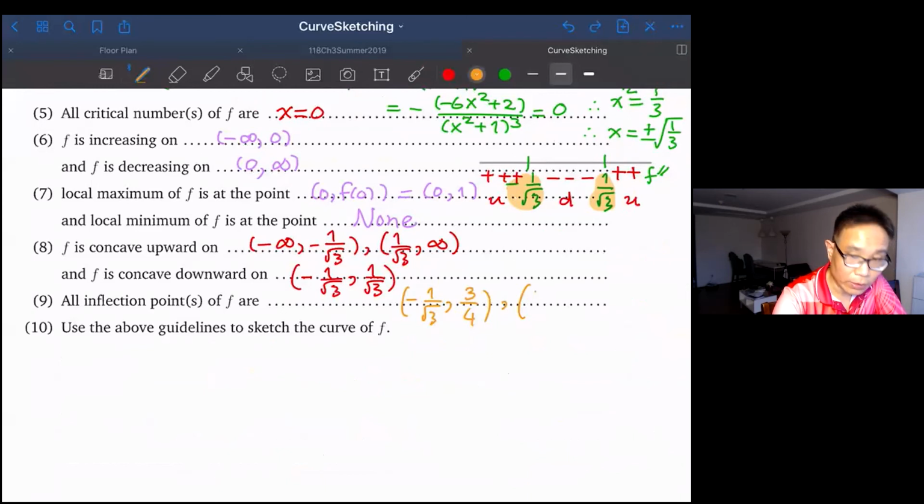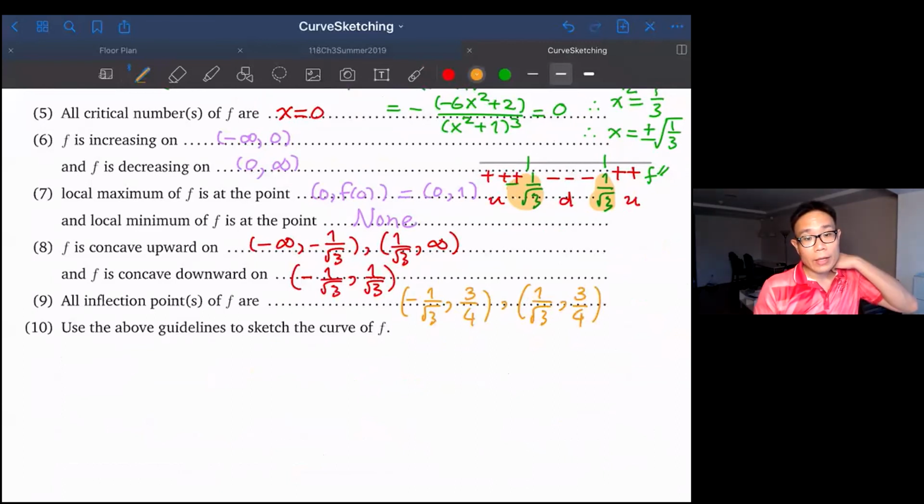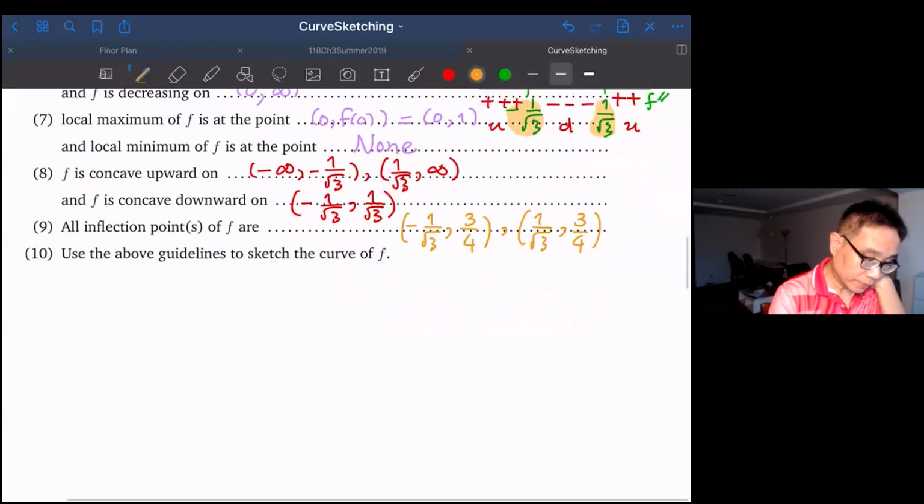You also get 3/4. Okay, and you're going to use the above guideline to sketch the curve of f. So in this case, you're going to draw the x-axis and y-axis.